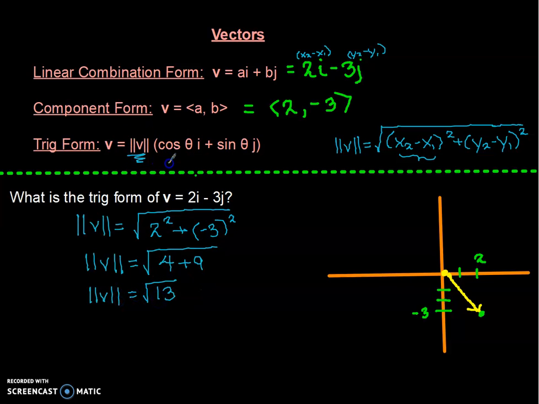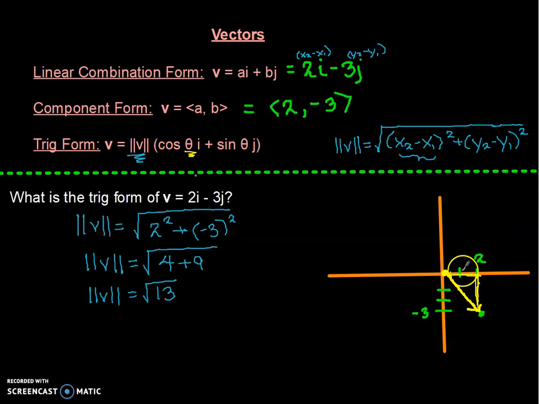So we already have the magnitude. Now we just need to find theta in order to write it in trig form. When you're writing an angle in trig form, make sure that you know which quadrant you're in. Everything here, vectors, complex numbers, they all come from right triangle trigonometry, meaning I can create a right triangle from here.